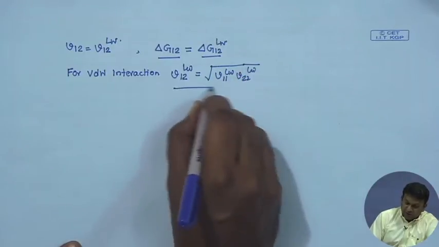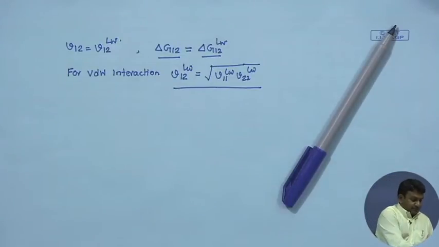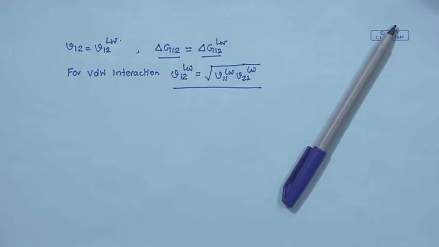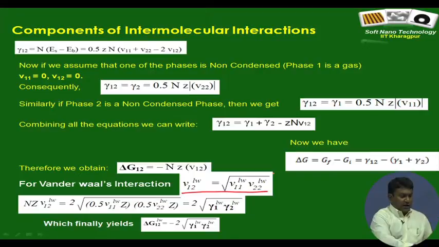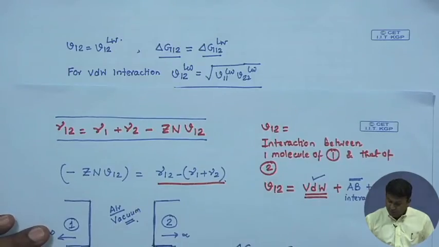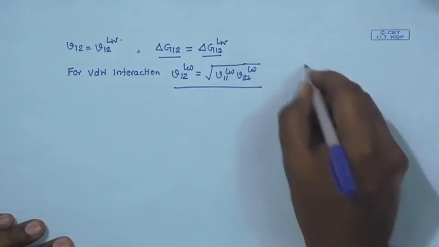So, it is sort of a geometric mean, and you can see that here. Once you incorporate this into the expression we already have for delta G 1 2, I will just write it down once more.